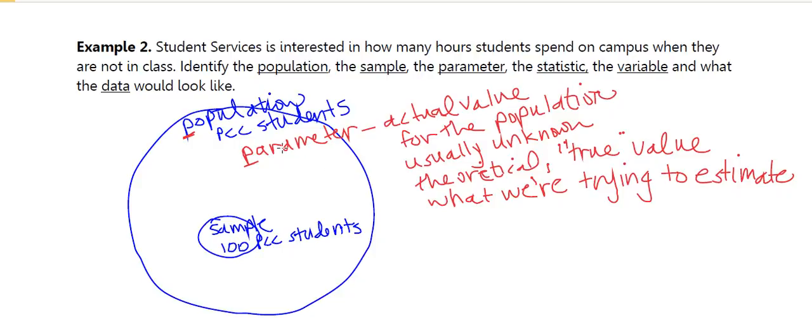Okay. So along with parameter goes with population, statistic goes with sample. Also very convenient that they have the same letter. Statistic starts with S and sample starts with S. So the statistic is the number we get from the sample. So this is the value calculated from the sample.